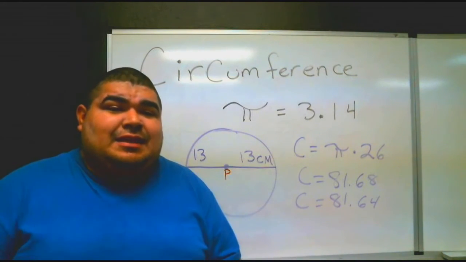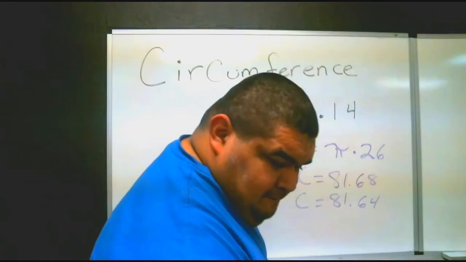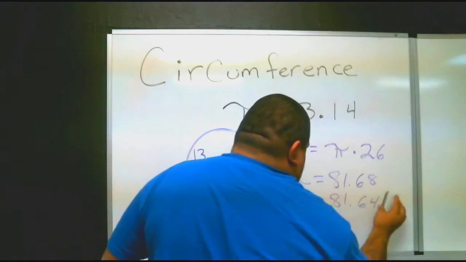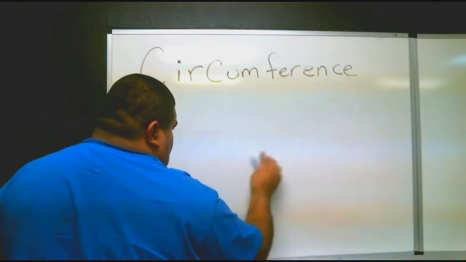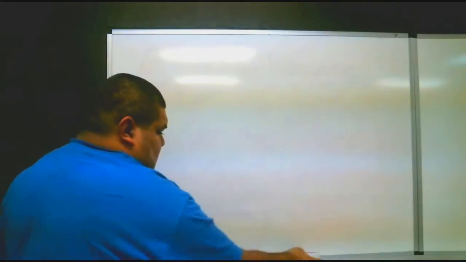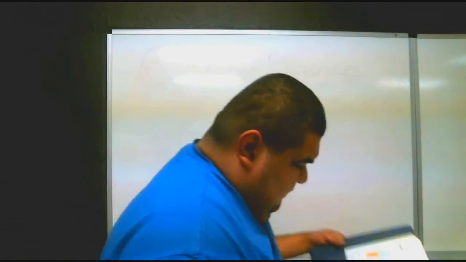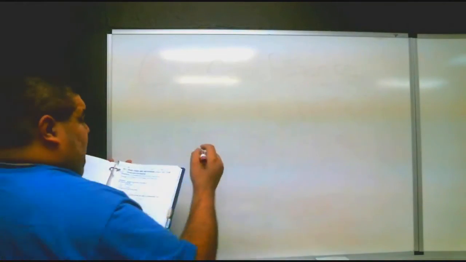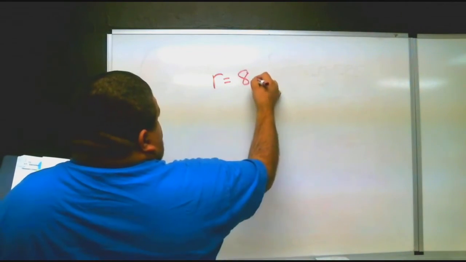If you have any questions, let me know. So here's your assignment for today. Your assignment is as follows. For number 1, you have a circle where the radius is 8 centimeters.